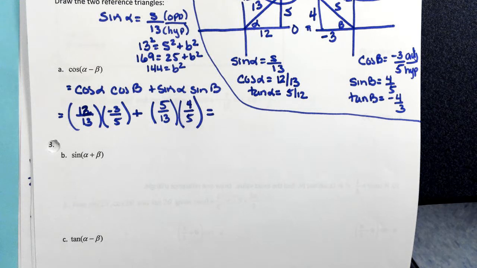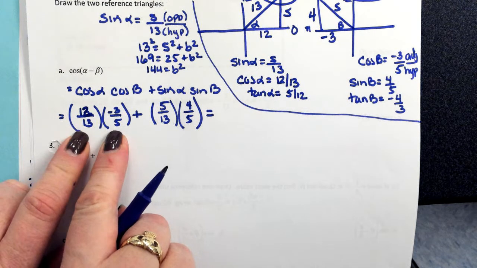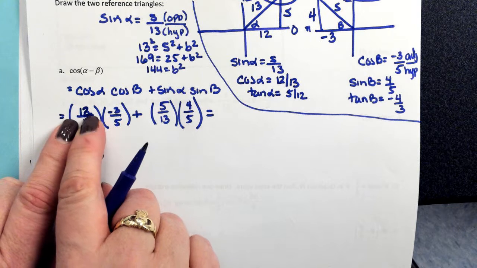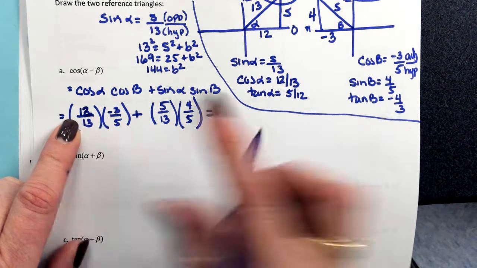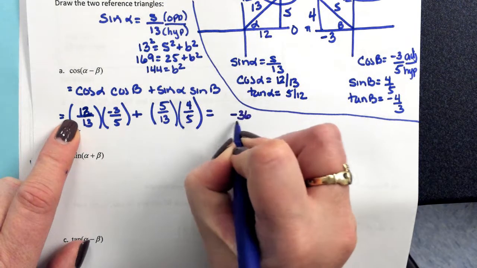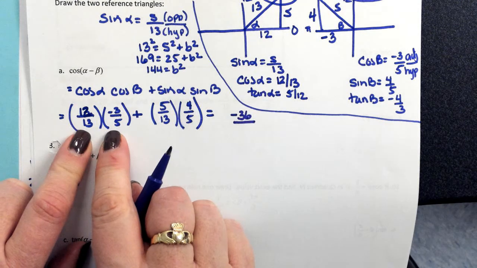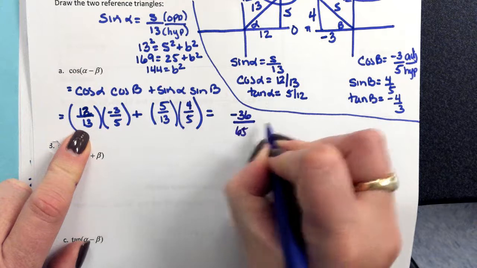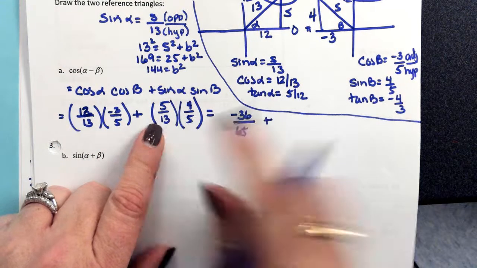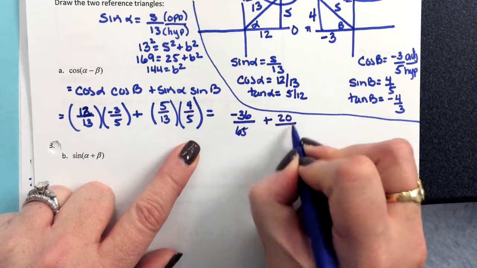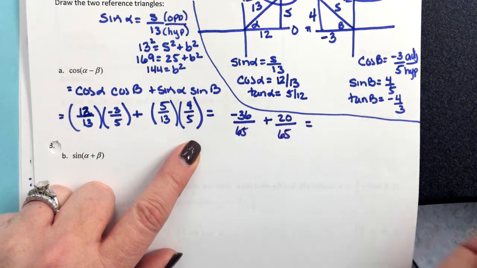Now entering that lovely world of algebra, where multiplying and adding by PEMDAS, what do you have to do first? You have to multiply. So 12 times negative 3 is negative 36. What is 13 times 5? 13 times 5 is 65. Plus 5 times 4 is 20 over 65.